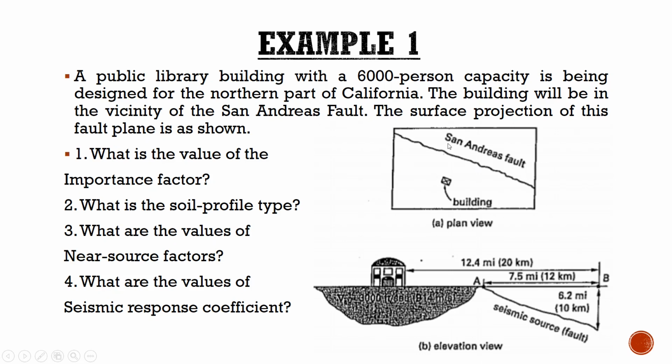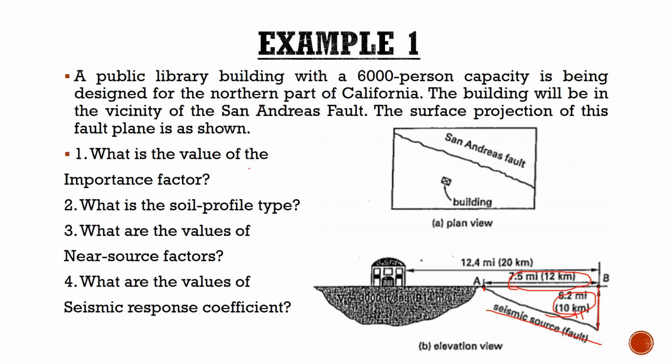So this is the plan view, and this is the seismic source fault. The distance from point A is zero, so I think it is minus. From B, it is 10 kilometers, the vertical projection. This is the projection of the fault, 12 kilometers before it became a 10 kilometer vertical projection.